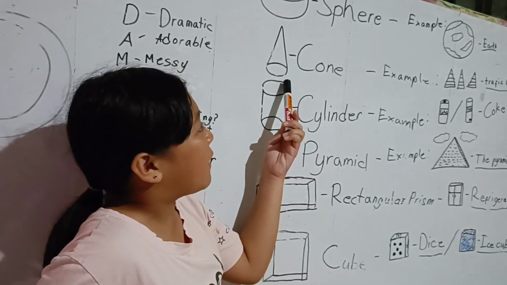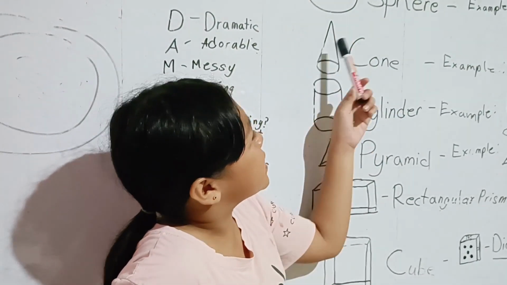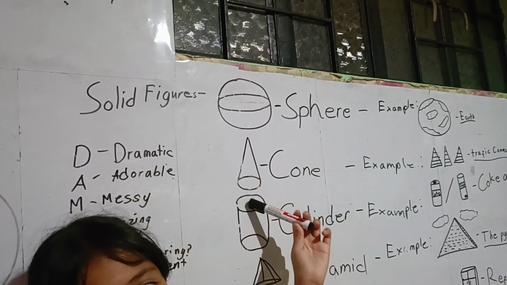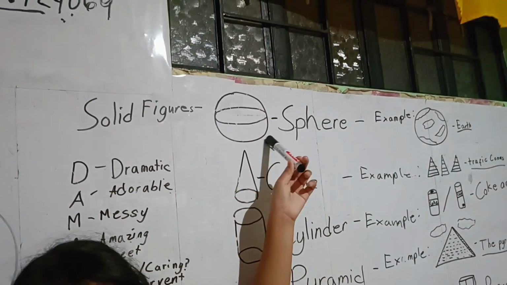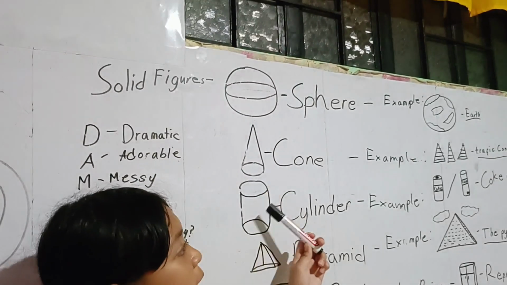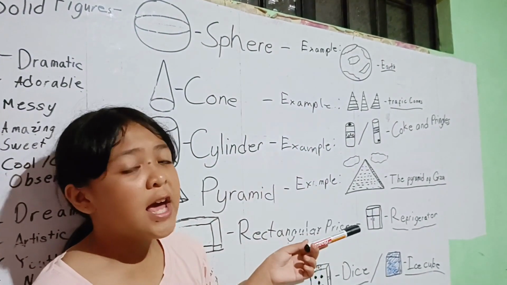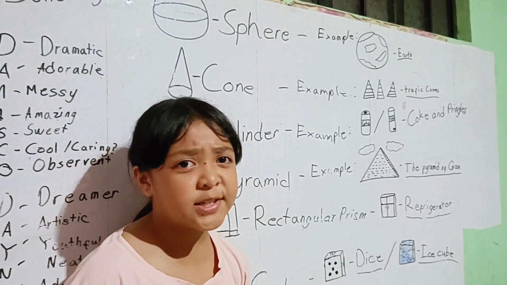So next up we have cone. A cone has a pointy top, and its base is a circular shape, but much smaller than the sphere. Examples of cones are traffic cones, as the word itself says.